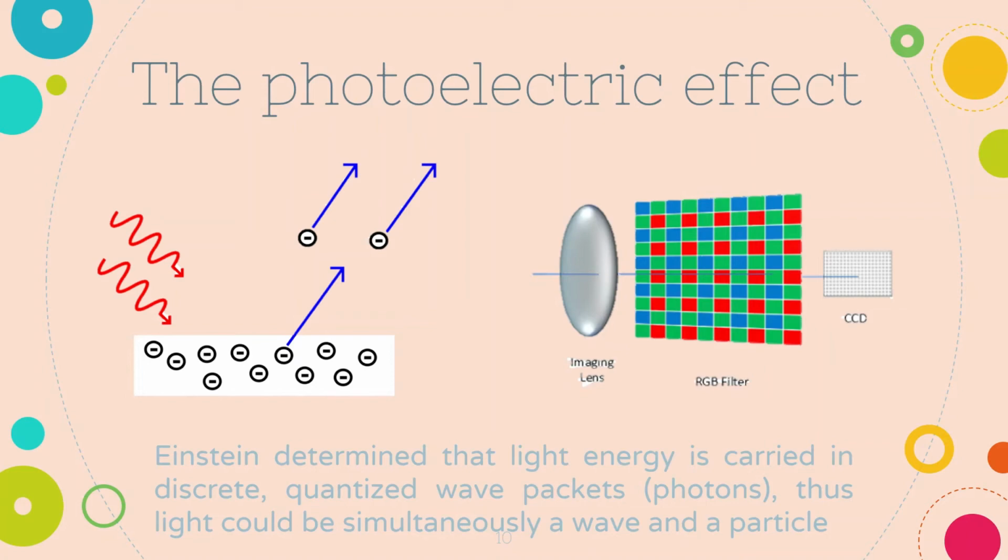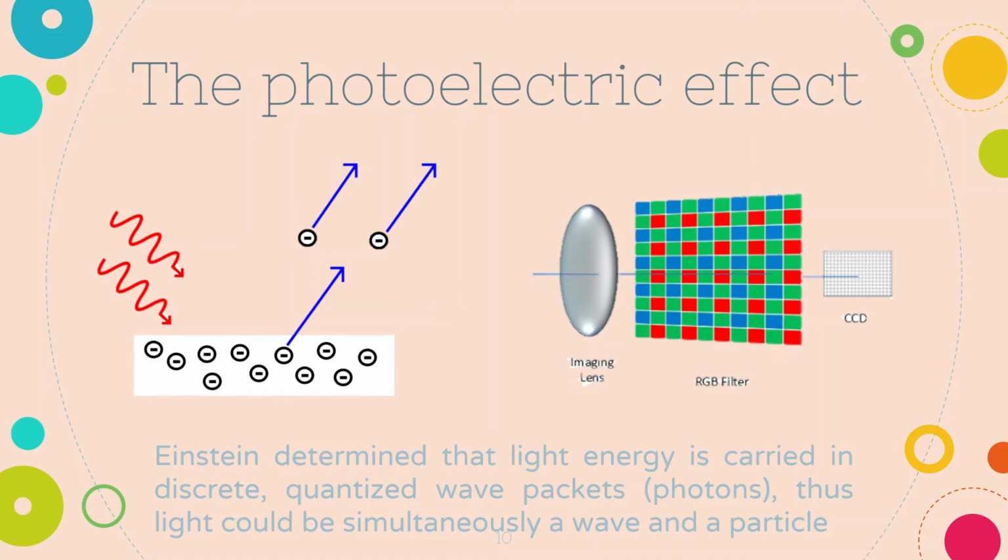Einstein determined that light energy is carried in discrete quantized wave packets. Thus, light could be simultaneously a wave and a particle. This theory resolved questions about the relationship between light of different frequency and the energy of that light. The photoelectric effect is how optical signals are converted to electrical signals and is the fundamental process behind CCD cameras.